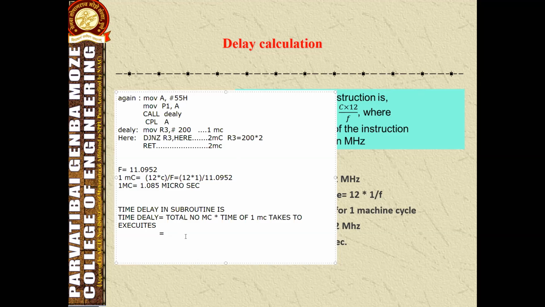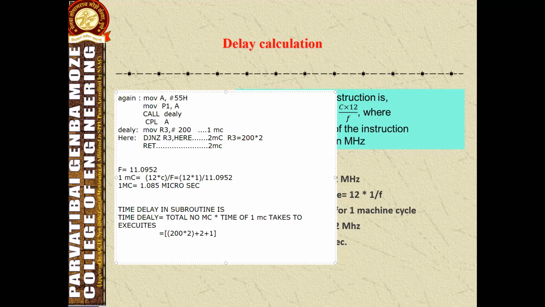So total, 200 into 2 is taken by this particular instruction. Then a few other instructions are also there. After executing this, these will take 2 machine cycles, and the first one also takes 1 machine cycle.